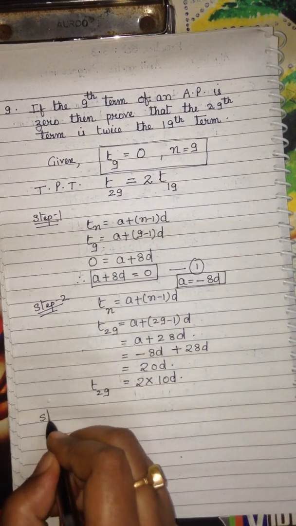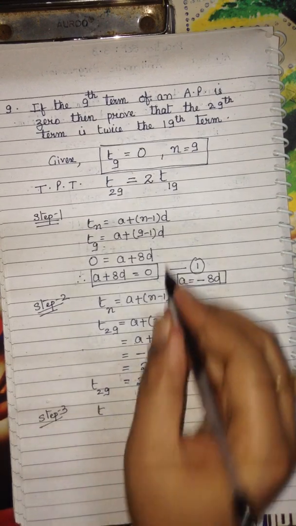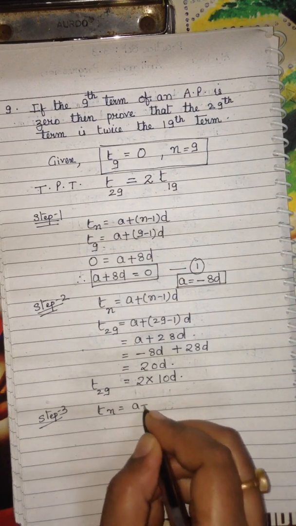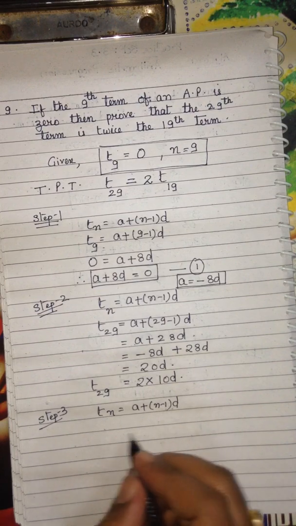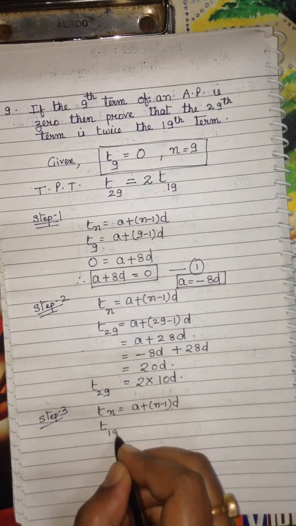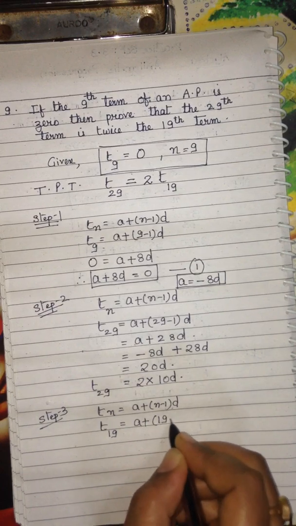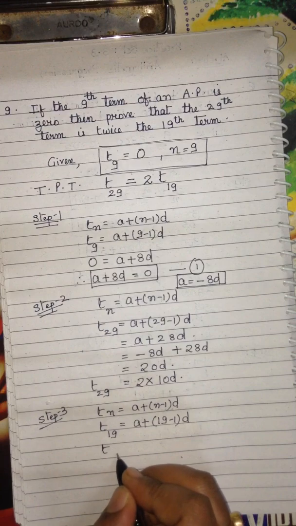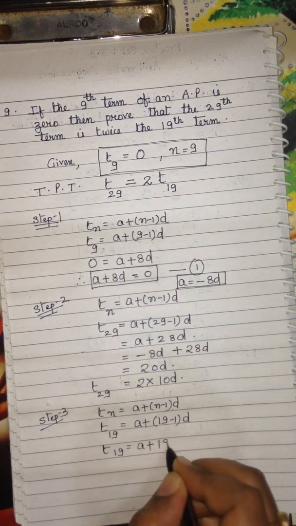Now step 3, find T19. So the general term Tn is equal to A plus n minus 1 into D, that is T19 is equal to A plus 19 minus 1 into D, and T19 is equal to A plus 18D.